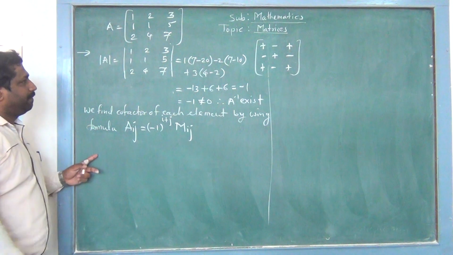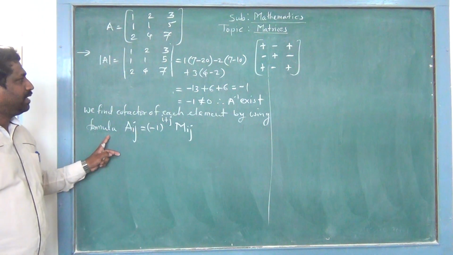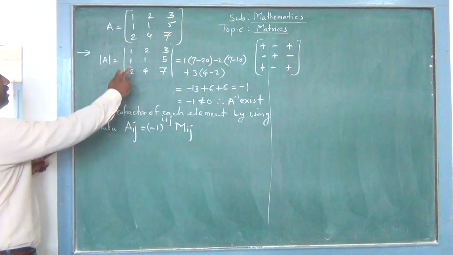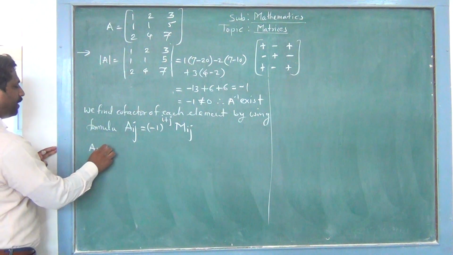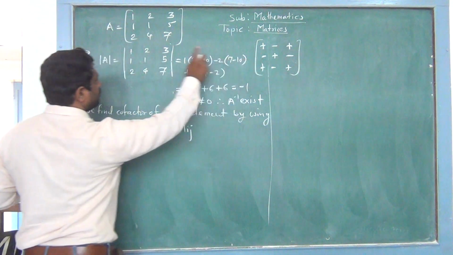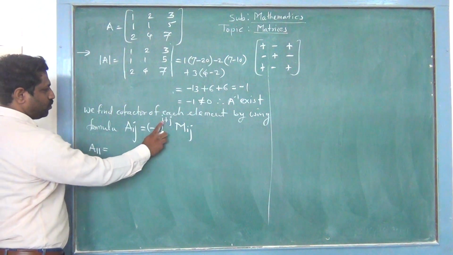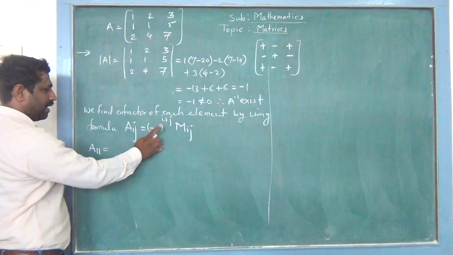So now we find the cofactor of each element one by one. First A11, the cofactor of the first element, and here we can see that its sign is plus. Minus 1 raised to 1 plus 1 is minus 1 raised to 2, which means plus 1.